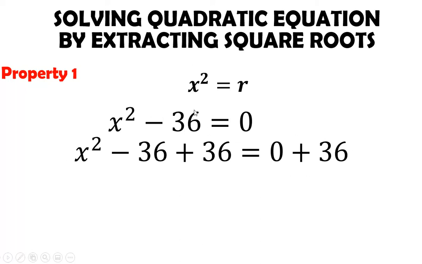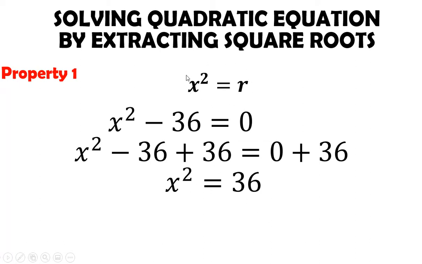To cancel out the number on this side, we need to add the opposite number, which is positive 36. If we add positive 36, we also need to add it on the other side of the equation. So the left side is just x squared, and this is equal to 36.